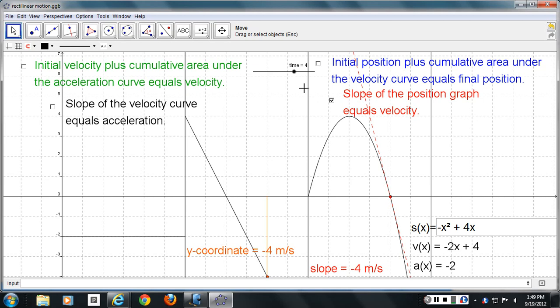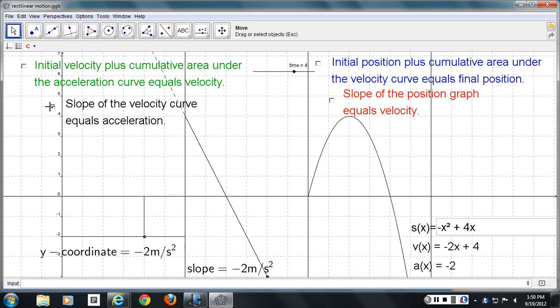I don't know that much more needs to be said, except if you want to take it one more step and ask yourself, what function describes how the velocity is changing with respect to time? What function are we talking about in that case? Acceleration. Throughout the process, the velocity is changing at -2 meters per second each second, and that's the slope of this line.